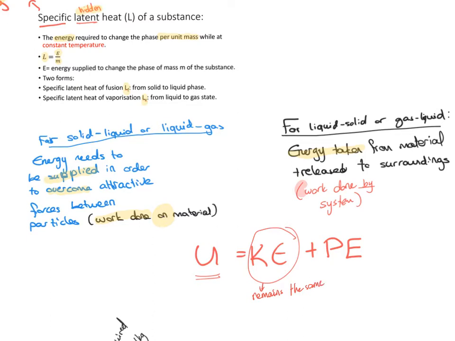As you see from the definition, latent heat is defined as the energy required per unit mass at a constant temperature. You can't forget that part in definitions because you won't get the marks. It has to be at a constant temperature. So if it's at a constant temperature, the kinetic energy of the system will remain the same.